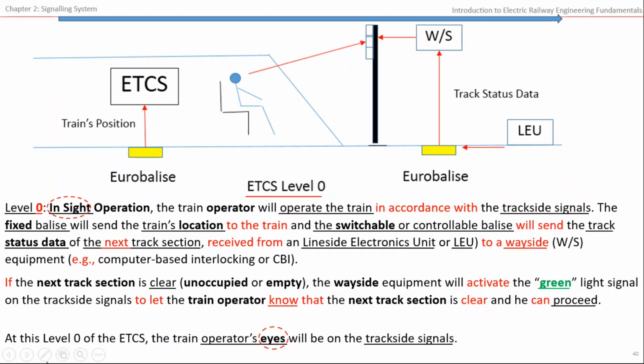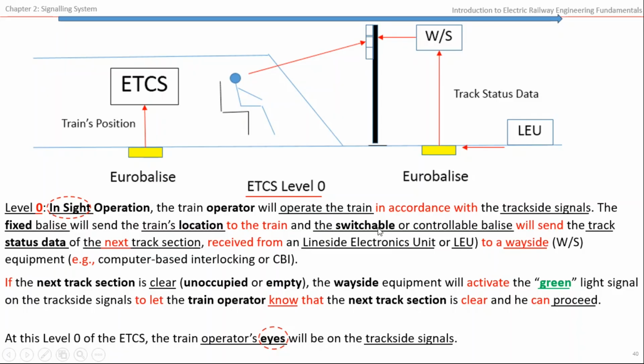And the fixed balise, we have already discussed in previous sections the 2 types of balises. We have fixed balises that will send the train location information to the train.